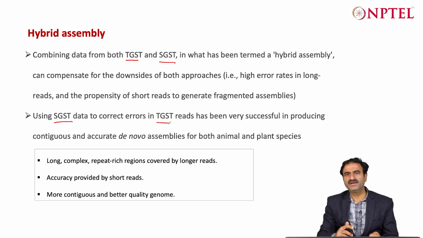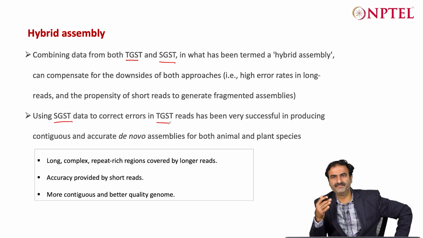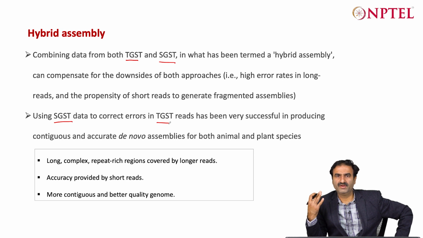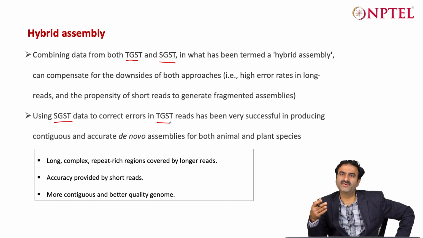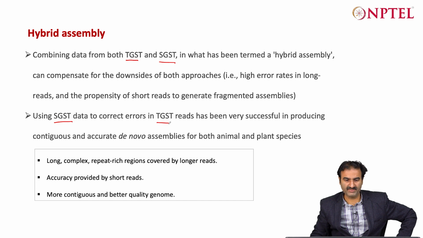Okay, but generally once you have made the assembly, since third generation or longer reads are better because they can cover large portions including complete genes and repetitive regions, correcting errors in those reads is a better idea, and that is why the second generation sequencing data can be used there.